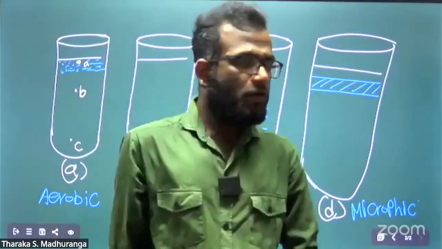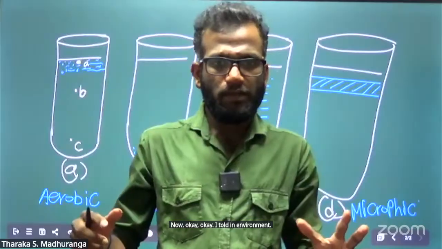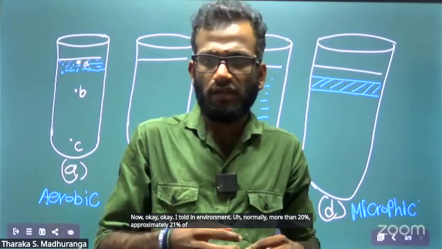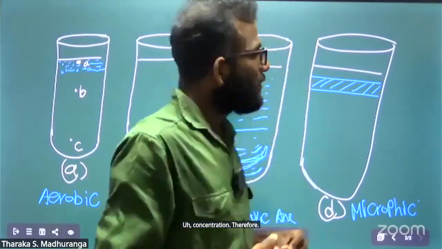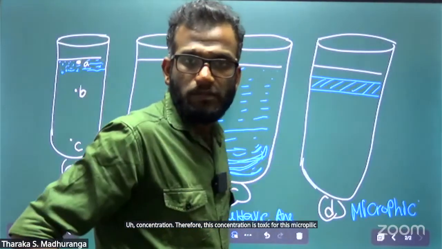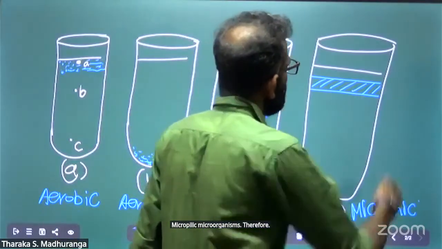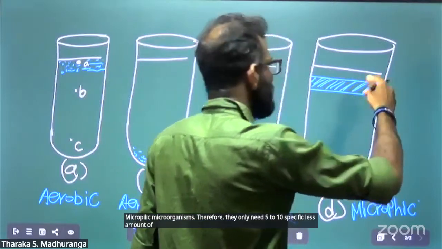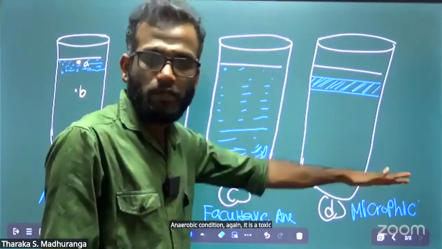Now, okay. I told you the normal environment has approximately 21% oxygen concentration. Therefore, this concentration is toxic for microphilic microorganisms. They only need a specific, smaller amount of 5 to 10%. But an anaerobic condition is again toxic for microphilic.